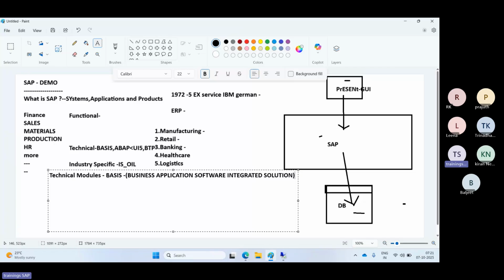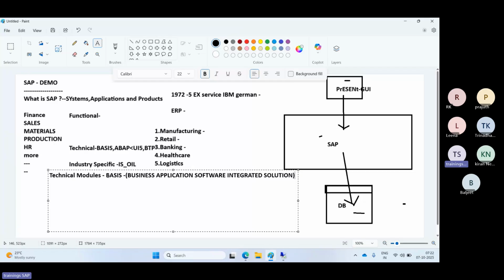Basis is the technical foundation layer for all the SAP systems, responsible for ensuring applications run smoothly, across the underlying operating system, databases, and network. As the system administrator, we are the technical architects for the SAP environment.